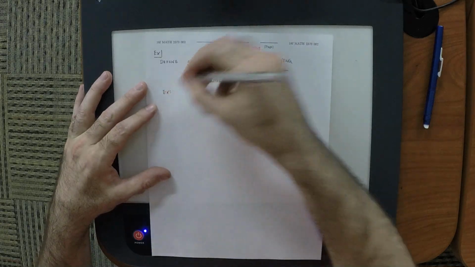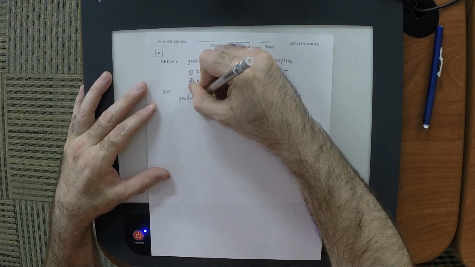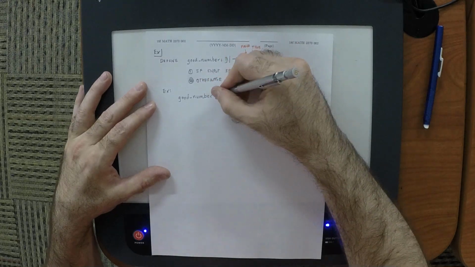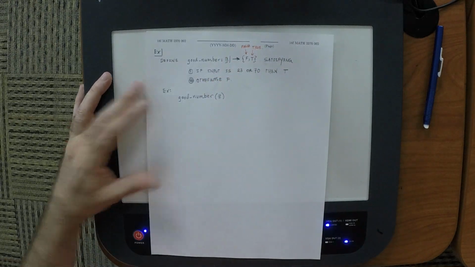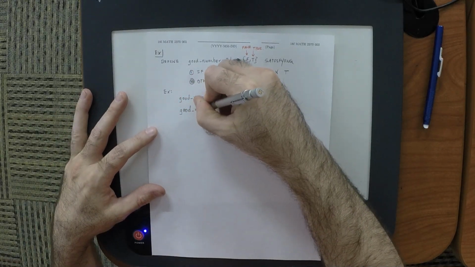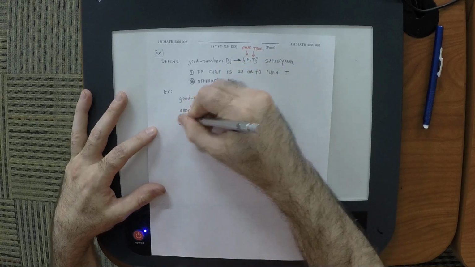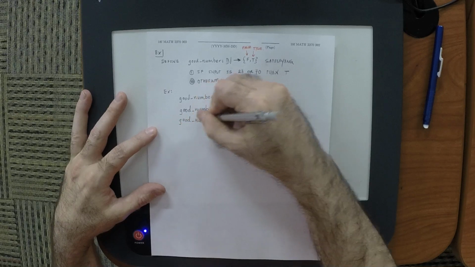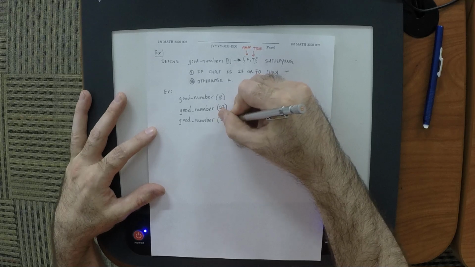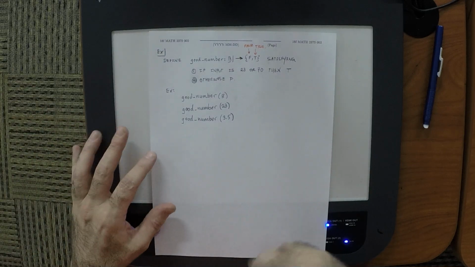Continuing the math exercise, I might ask you, please evaluate good underscore number at 8, and please evaluate that at 23, and please evaluate it at 3.5. How are you supposed to respond to this request in a math class?